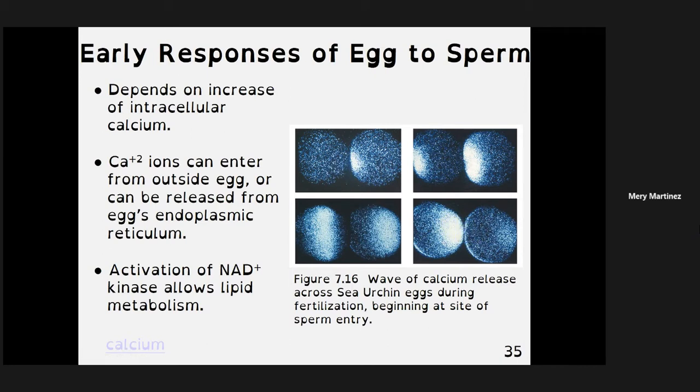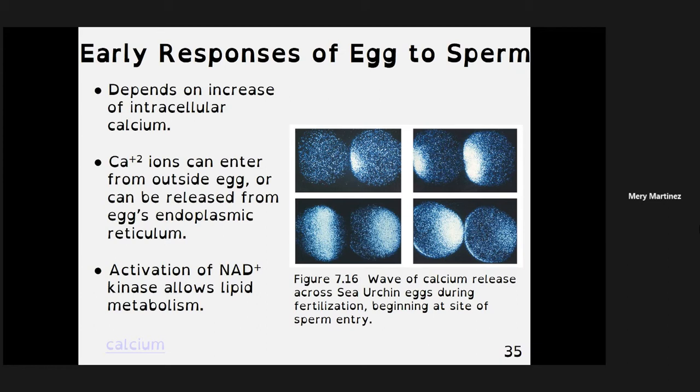Another thing that happens early in here is the activation of NAD kinase. This converts NAD into NADP. And NADP allows lipid metabolism, which is required for the formation of the membranes of the different blastomeres that are going to form later on.